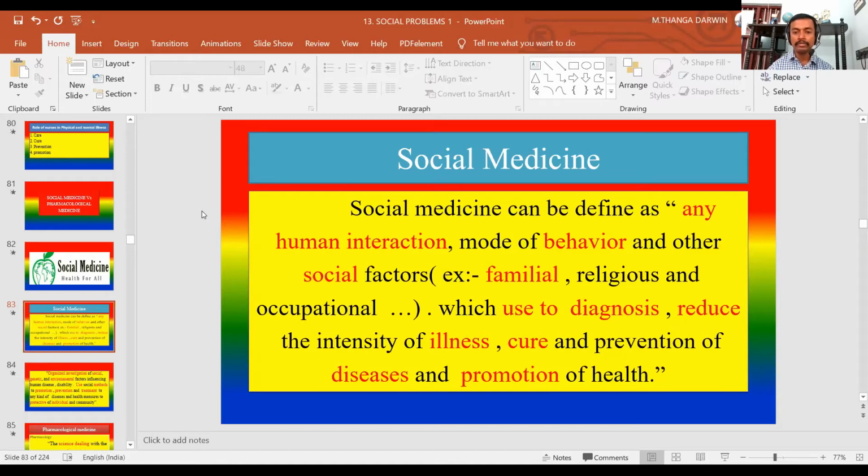But in social medicine we use social factors: familial medicine, community medicine, religious medicine. Now the detail you will learn in the next section regarding social medicine versus pharmacological medicine.